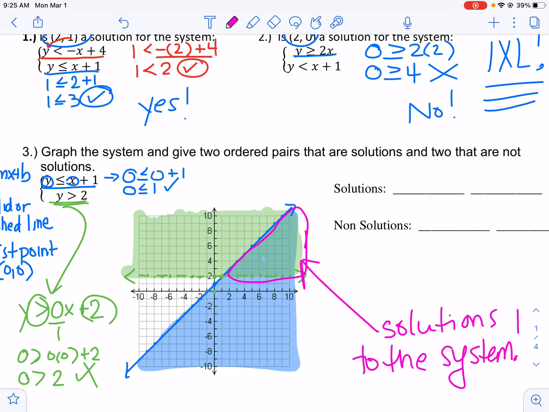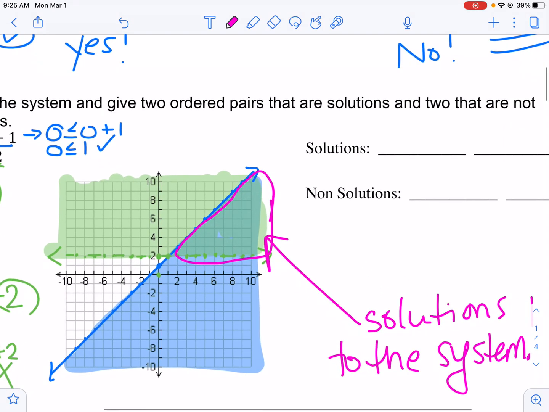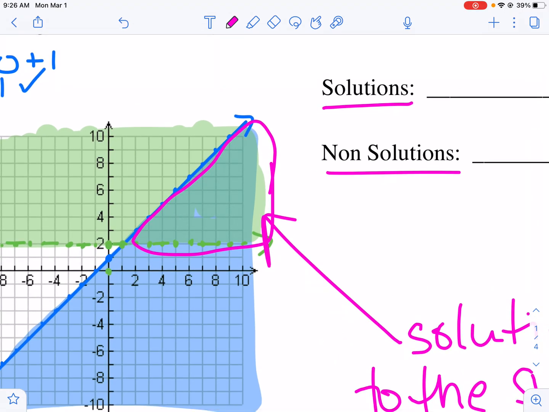Please write that in. Where the shading overlaps are the solutions to the system. If you were to plug in any of these ordered pairs, they would be true statements for both. So we need to come up with 2 solutions and 2 non-solutions. Go ahead, pause the video, come up with 2 solutions, and please plot your points.